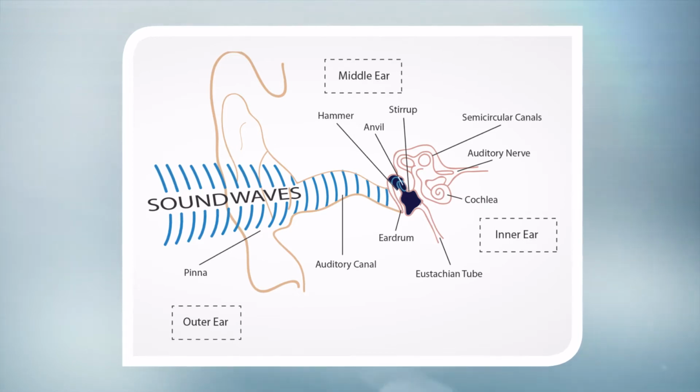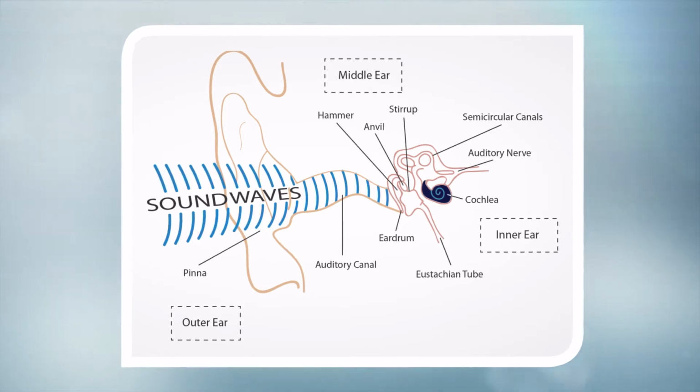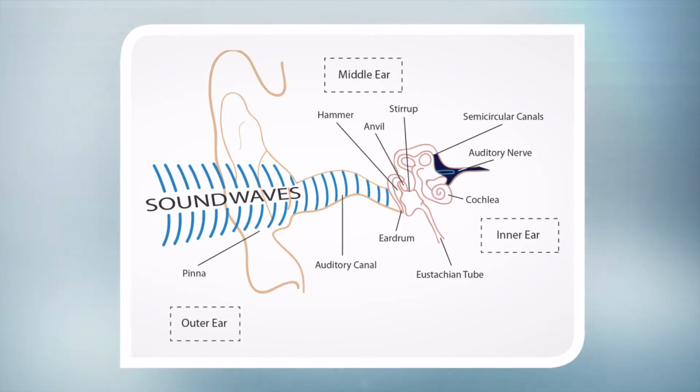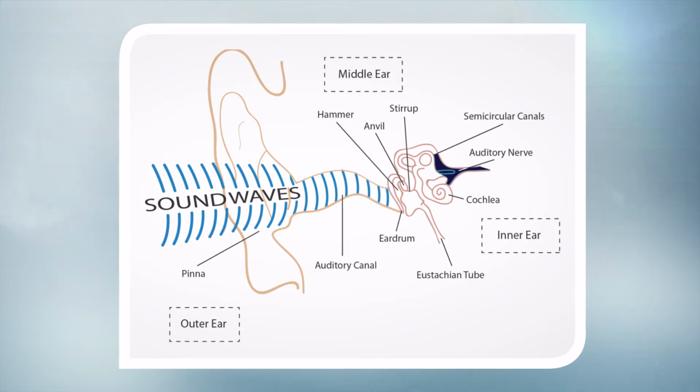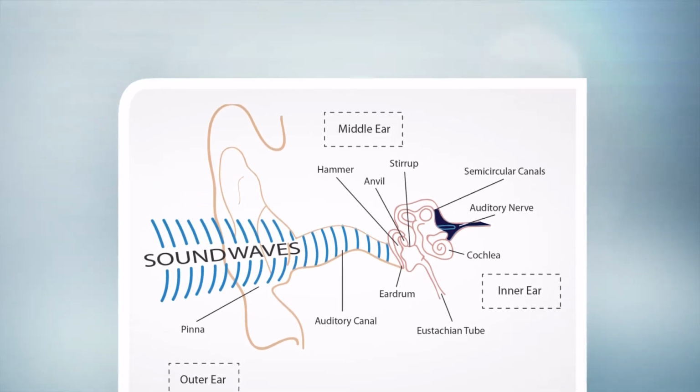And these vibrations on these small bones are then passed on to the cochlea, which contains a fluid. As the fluid vibrates, hair cells change the vibrations to electric signals that travel through the auditory nerve to the brain. Your brain then understands these electrical signals as sound and determines what these sounds mean and how to respond.